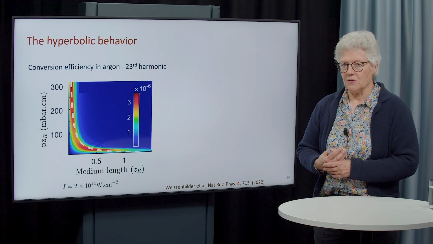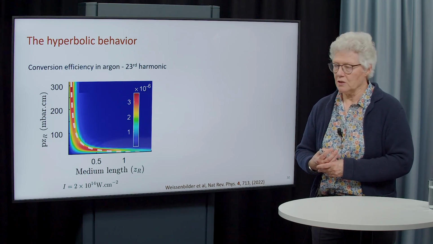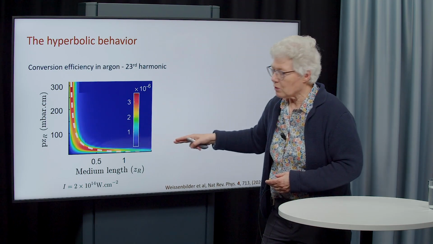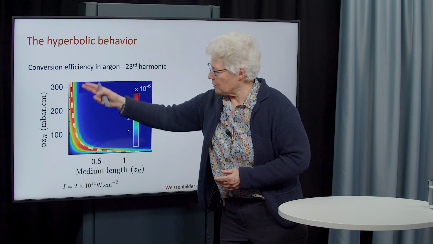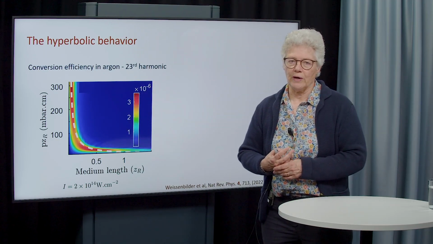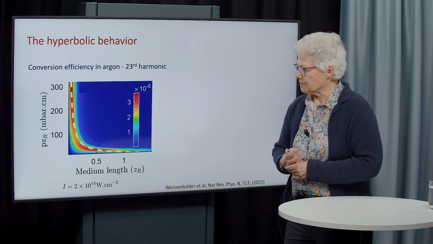And you see that this conversion efficiency is actually pretty much constant along a hyperbolic curve that you see here. It reaches a little bit below 10 to the minus 5 in argon.